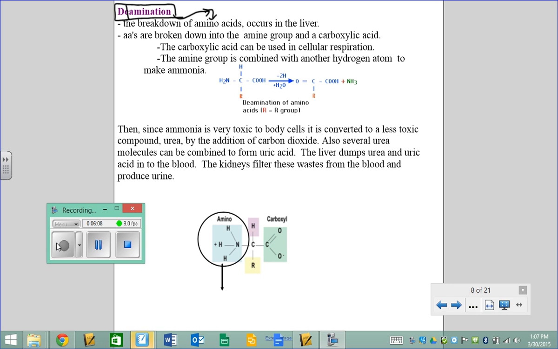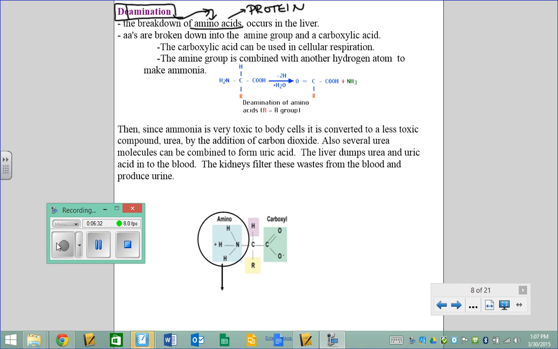So the official definition is the breakdown of amino acids. And I'll just remind you that an amino acid is the building block of a protein. So if you consume a lot of protein, your body will have to do more of this deamination process.